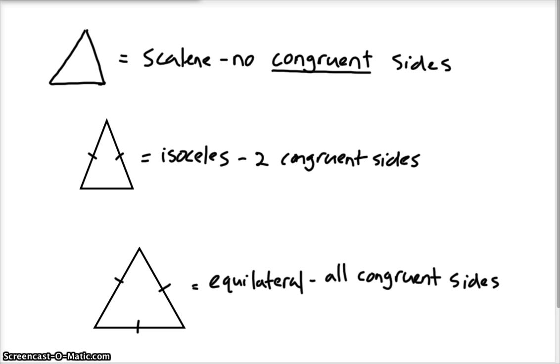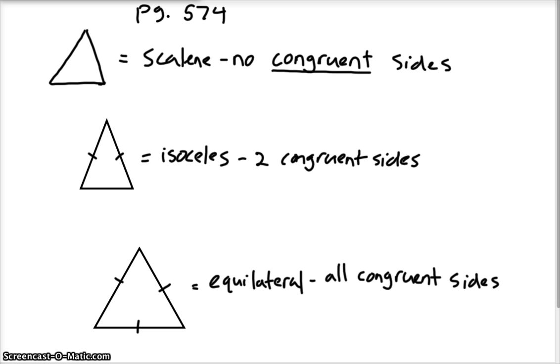Again, if you want to check, we're now on page 574. I'll write that right here. On page 574, you'll see this list, and it gives you an example of scalene, where they're all different angles. So if you look at the acute triangle at the very top, that would be acute scalene, because there aren't any sides that are the same. So no congruent sides. Second, isosceles. This means that we have two congruent sides.